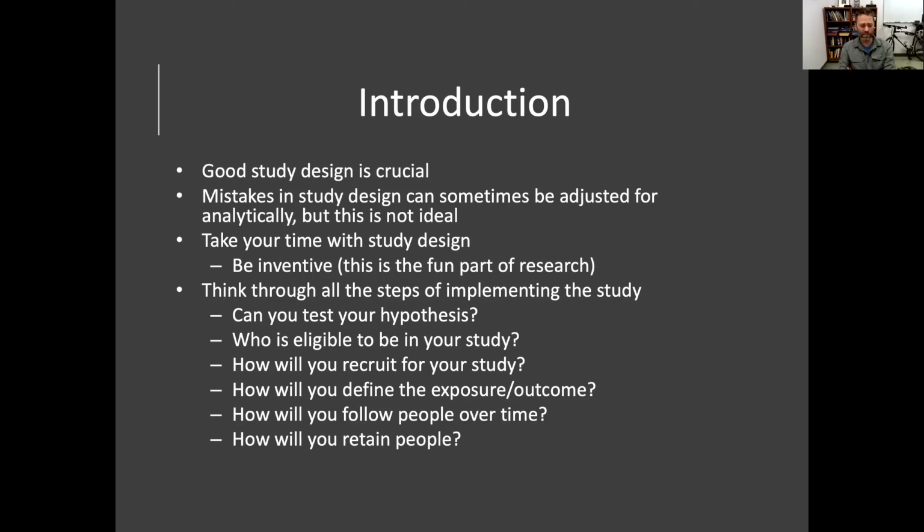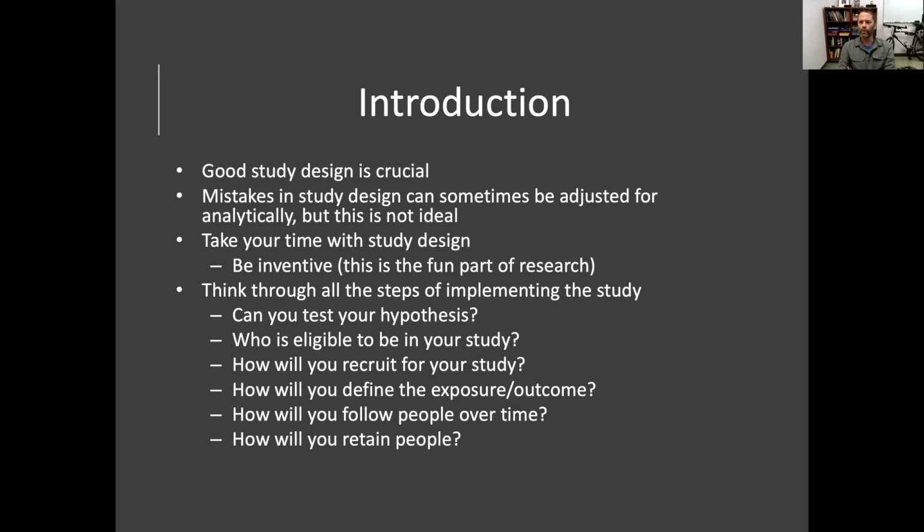You can make mistakes in study design and sometimes adjust for them later on analytically. That's actually a lot of what my career has focused on, is how to fix errors that have been made in study design. But it's not really ideal. That's something that you don't want to have to do. You can do it, there are ways to do it, but you don't want to do it. It's much better to just design a study correctly up front.